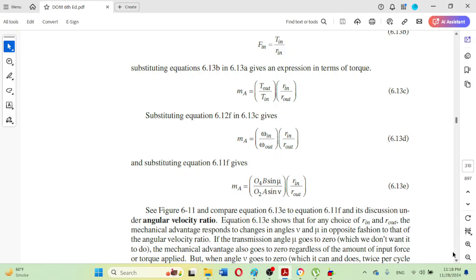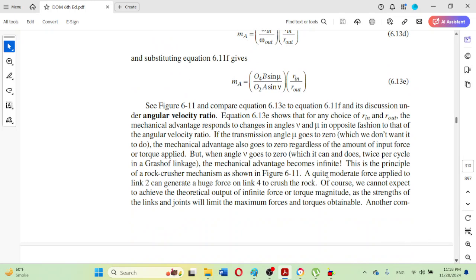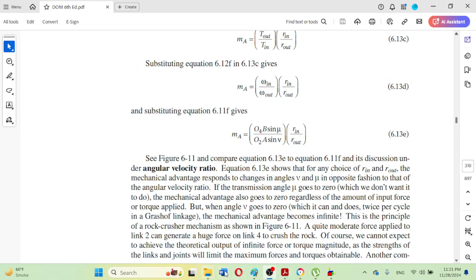Here the author has made some important conclusions about this equation 6.13e, which is the final equation for mechanical advantage in terms of the physical or fabricated link lengths and the effective radii of input and output links.